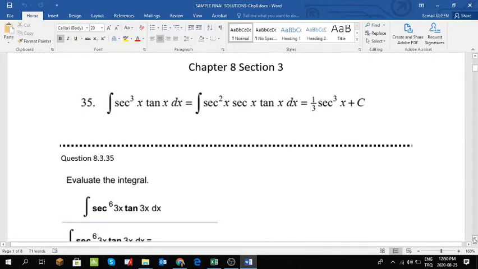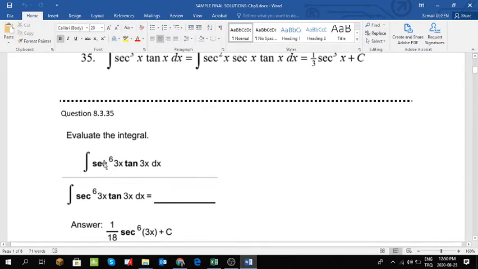So we are going to do something similar here as well. We are going to separate it as secant 3x, secant to the 5 of 3x, tangent 3x, right? Secant to the 5 of 3x, times secant 3x tangent 3x. And then we are going to let u is equal to secant 3x, and du is secant 3x tangent 3x dx.